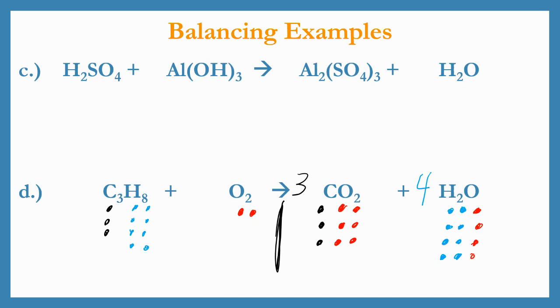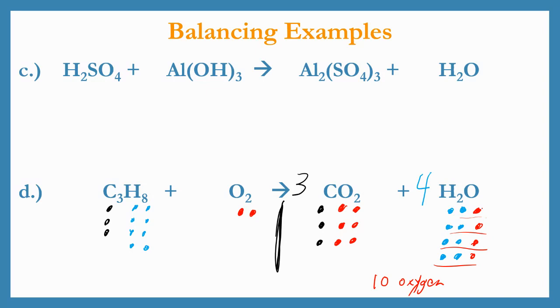So when I have 4 waters, I have 4 H2Os, right? 1, 2, 3, 4. 4 H2Os. So that's 4 oxygens, 4 plus the 6 here is a total of 10. So I have 10 oxygens on this side.